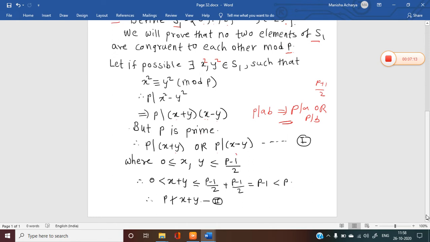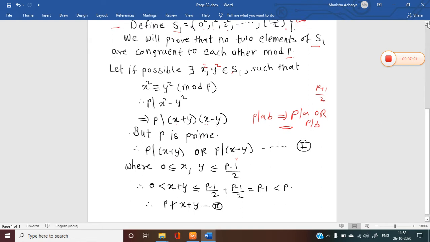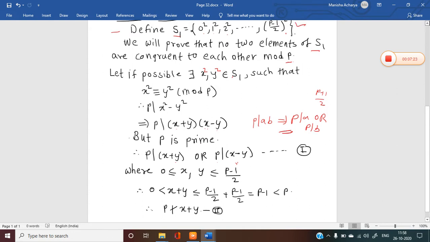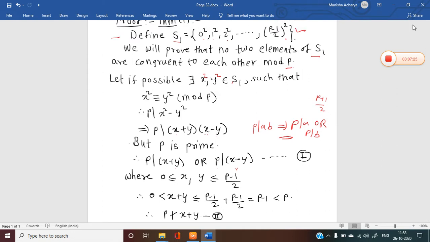But what are the values of x and y? They are from the set S1, and S1 is the set of values from 0 square up to ((p-1)/2) square, correct? And therefore x and y are the values which lie between 0 and (p-1)/2. So if you consider their addition, then from here you can easily see that their addition is less than p.